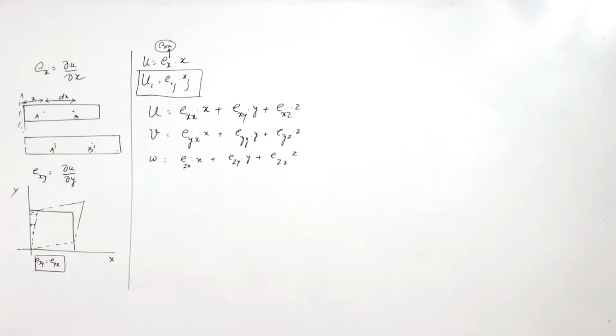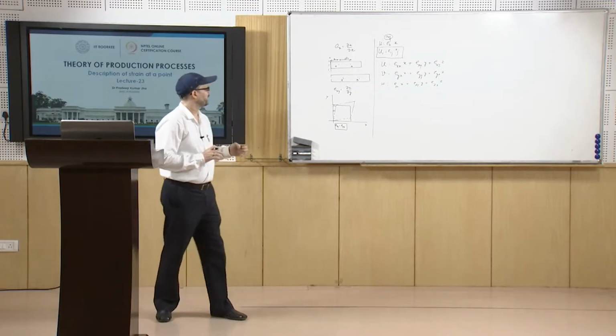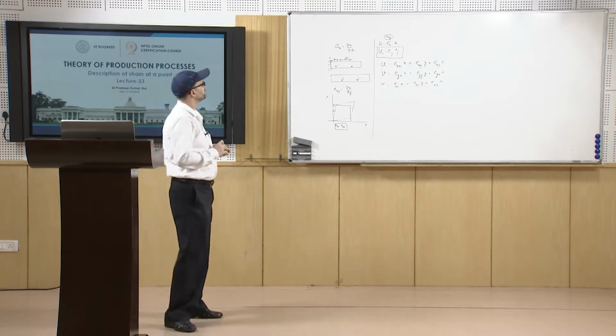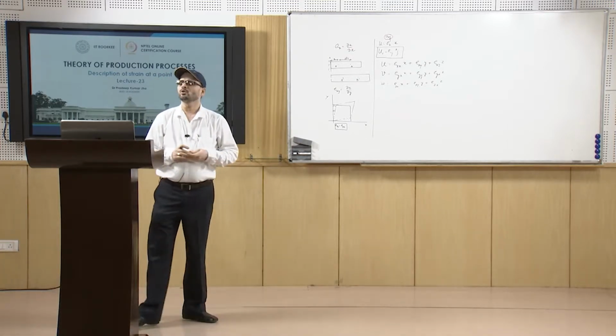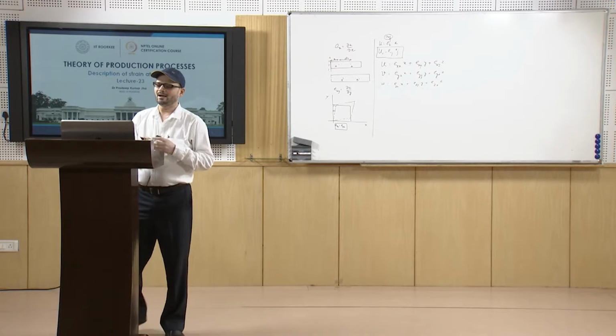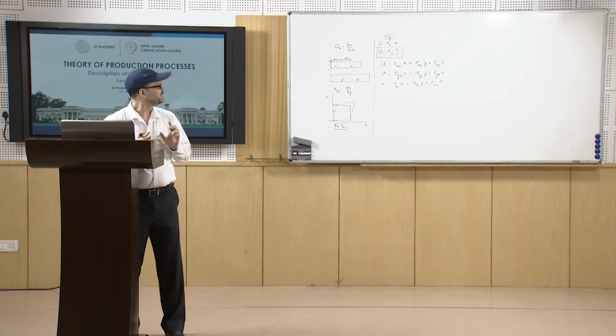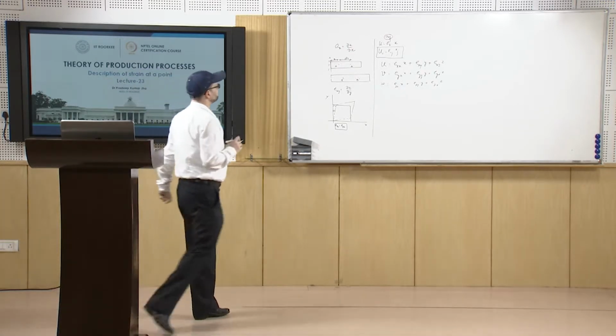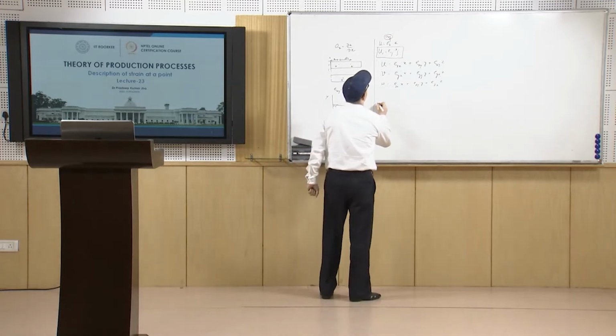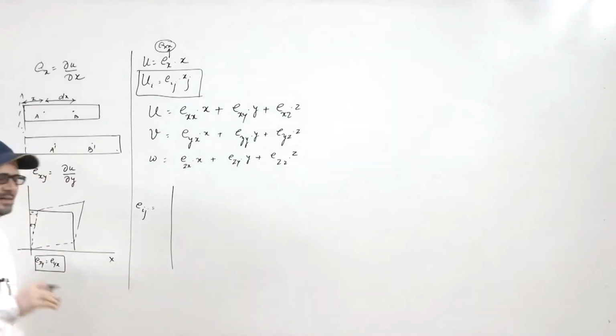Now the thing is that the strain component Ex basically is dou u by dou x. So if you define Eij, you can define it as the 3 by 3 components.